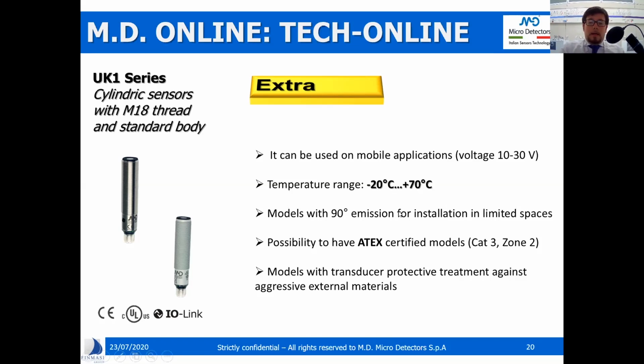Then in this series we have also models with 90 degrees emission, radial emission, so it is possible to install them in very limited spaces. Then if you have some flammable or explosive atmospheres, we also have models with ATEX certification.